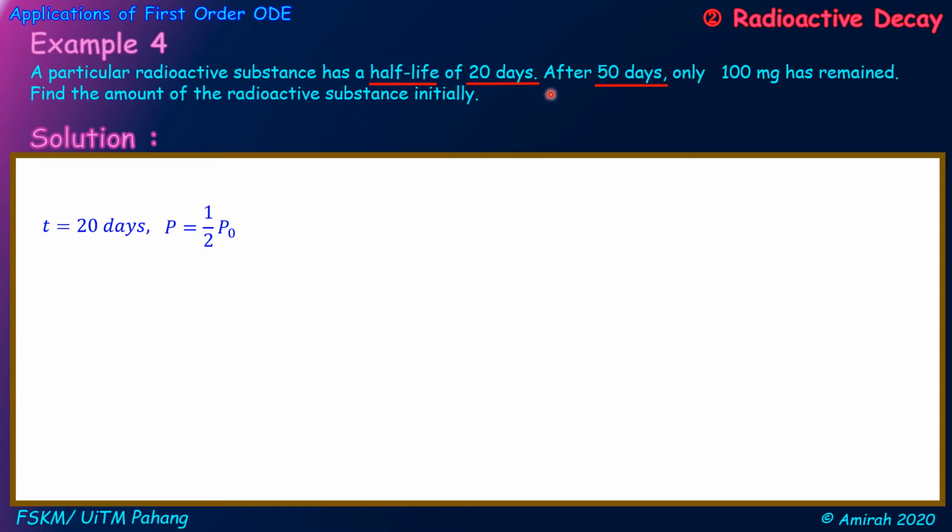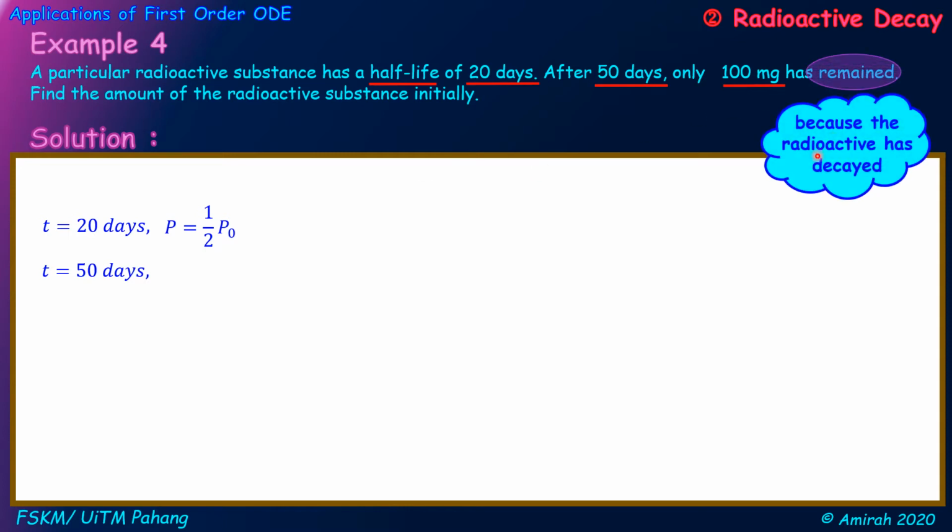Right, and then after 50 days, only 100 mg has remained. The word remain here means the radioactive has decayed. So we can write P equals to 100.